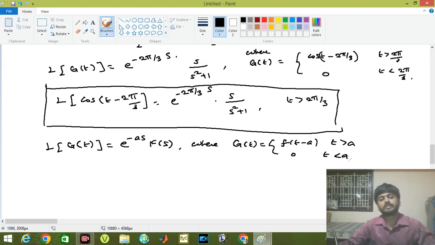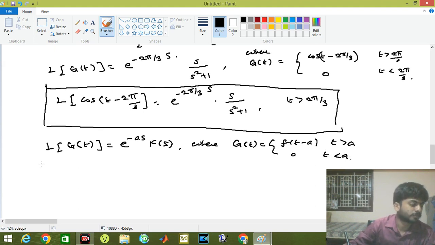So this is what our second shifting theorem tells.